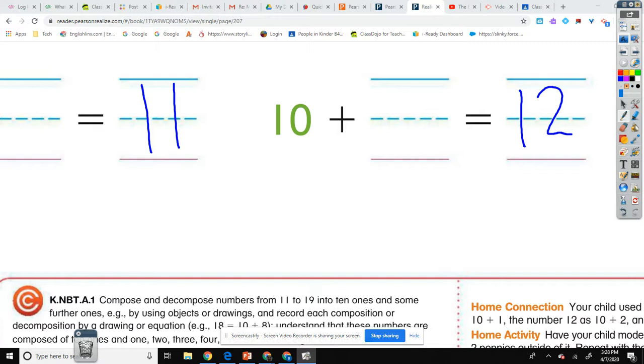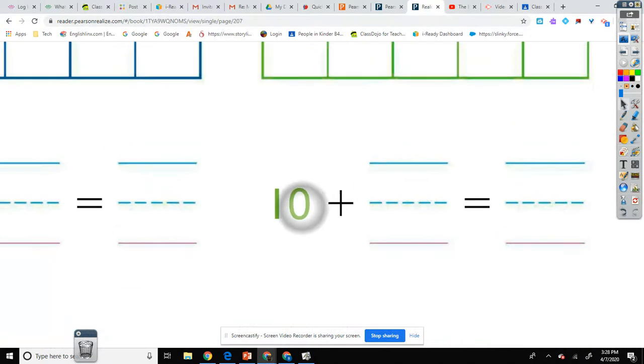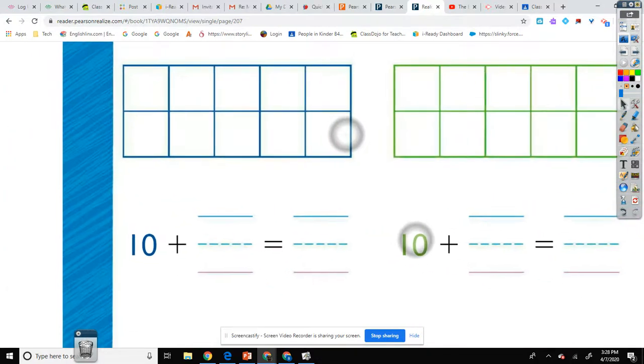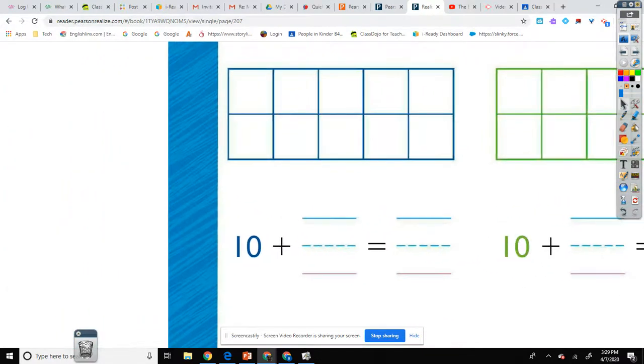I cannot do it all at the same time, so we just do one item at a time. Let's use 11 first. So we work on this one, 11. So 10 plus what is equal to 11?